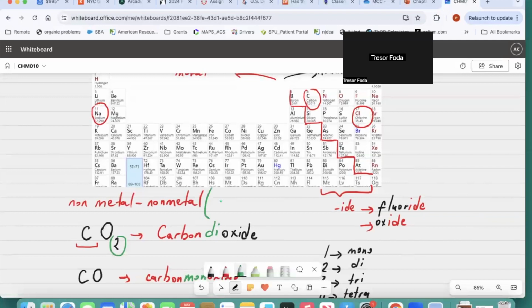If you have non-metal to non-metal, both of them are electron poor. If both are electron poor, are you going to give away electrons or share electrons? It's sharing, so it's going to be covalent. Very good.